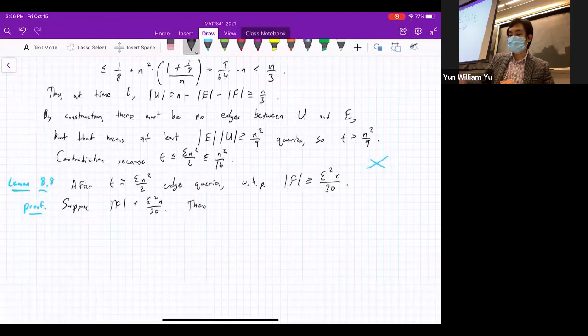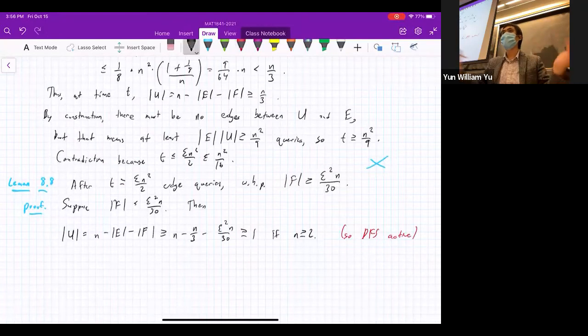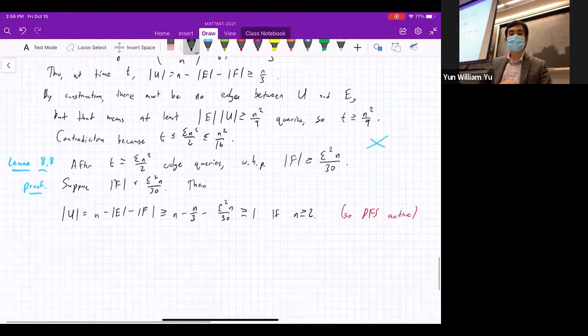If that's the case, then the size of U is equal to n minus E minus F, which is greater than or equal to n minus n over 3 minus epsilon squared n over 30, which is greater than or equal to 1 if n is greater than or equal to 2. What does that mean? That just means that the process hasn't stopped. The depth first search is still active, because you still have a node that you've not explored, and so you can keep going.